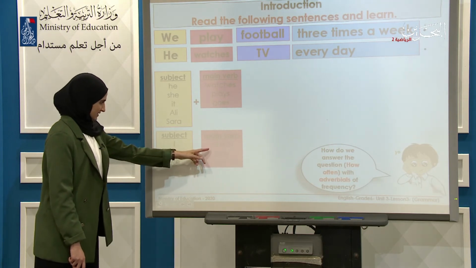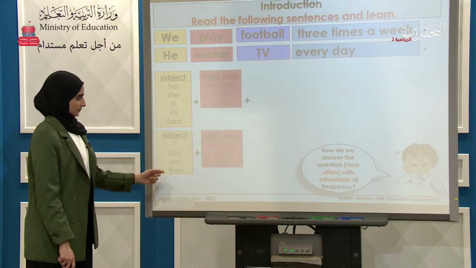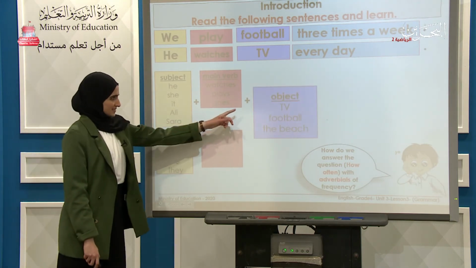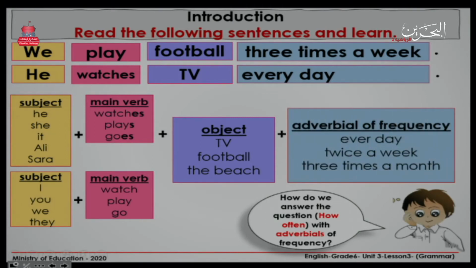Or you can say watch, play, and go with these subjects. Plus the object, TV, football, the beach, plus the adverbial of frequency, like every day, twice a week, 3 times a month. And don't forget the full stop.